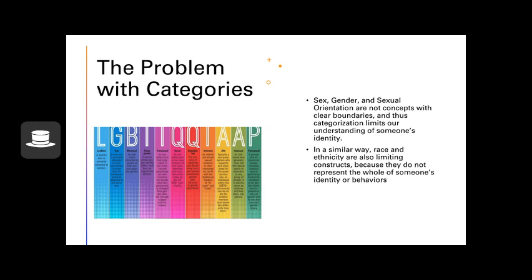Everybody just wants to create a name. But if our categories are super rigid and people don't feel like they fit neatly into a specific category, you have to create a new category in order to feel like you fit into that category, right?